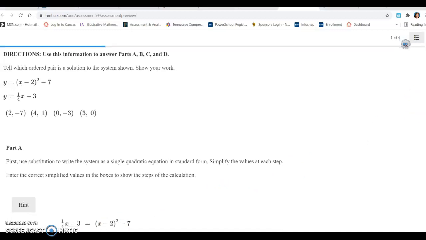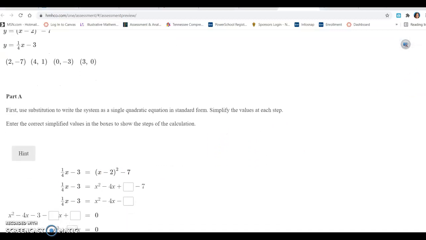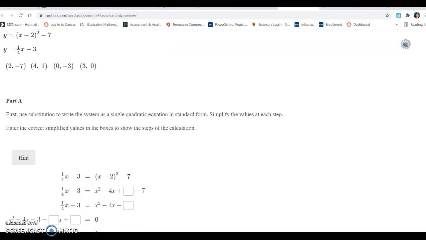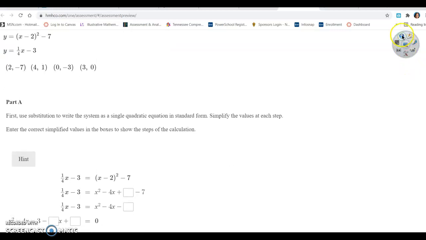All right, part A says, first use substitution to write the system in a single quadratic equation. So they're going to do it a little bit differently. Let's see if you remember substitution from Math 1 or Algebra 1. Substitution means you literally substitute one thing in for something else of equal value.